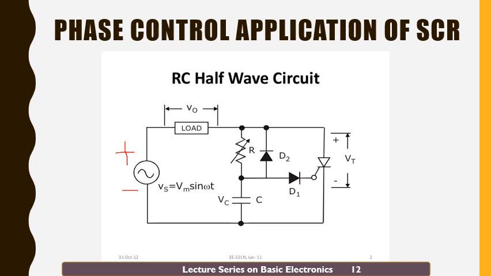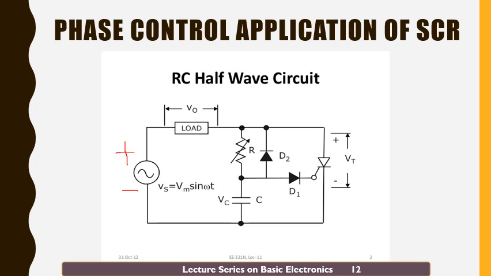The current cannot flow through this because this is the positive terminal and this is negative, so diode D2 is reverse biased. And it will put your SCR in the forward bias condition, that is, positive is applied to the anode and negative is applied to the cathode.